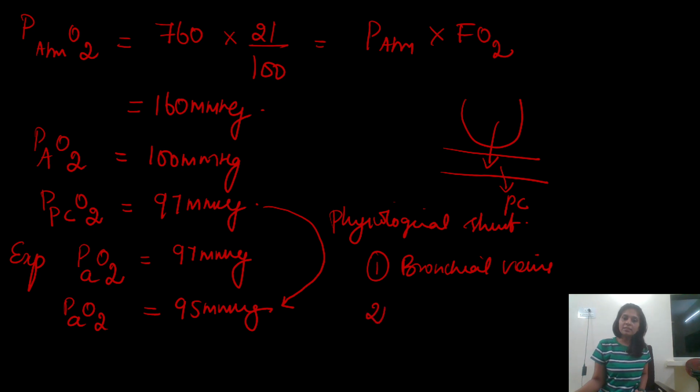And the second reason is venae cordis minimae. They carry deoxygenated blood of heart. And instead of getting into the right side, some of them get into the left side of the heart. That again reduces the partial pressure of oxygen on the left side. So when the expected arteriolar partial pressure of oxygen is 97 millimeter of mercury, the actual arteriolar partial pressure of oxygen is only 95 millimeter of mercury.